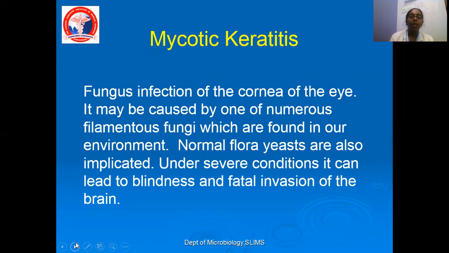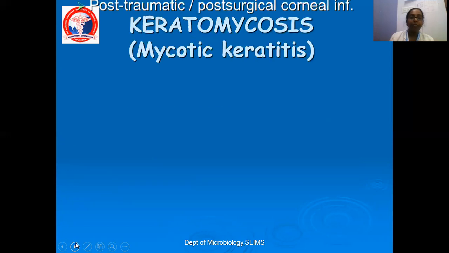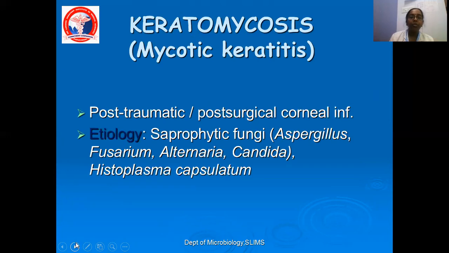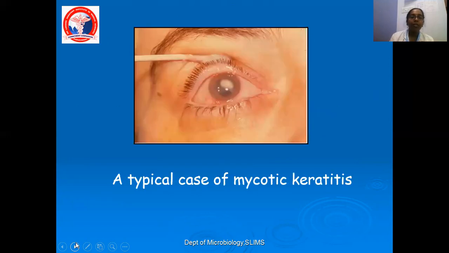It can even cause fungal blindness, and it can be fatal. Usually it is caused by post-traumatic infection, by saprophytic fungi such as Fusarium, Alternaria, and Histoplasma capsulatum. The clinical finding is a corneal ulcer.